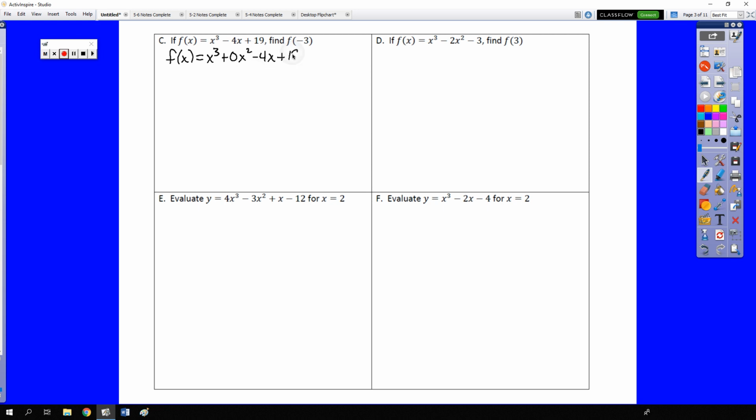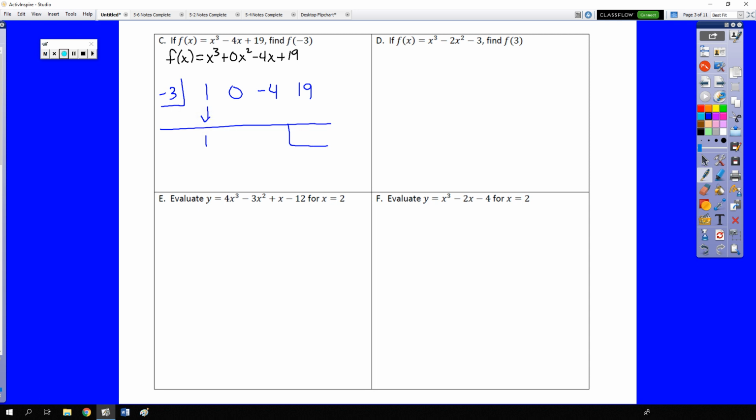So since there's no x squared term, mentally we have to realize that we need to insert a 0 for the x squared term, because in order for this process to work, every term has to be there: x cubed, x squared, x, and the number. So into the box, we're going to put -3. Outside the box will be the numbers 1, 0, -4, 19.